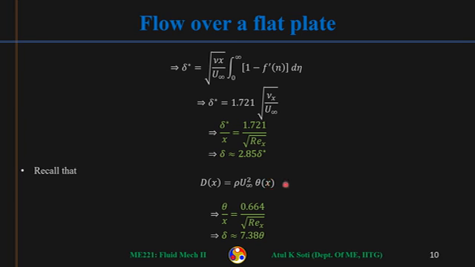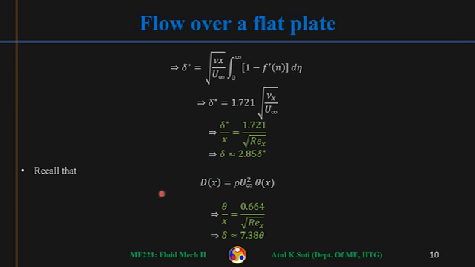This we had seen in the previous lecture. So from here we can find out what is the momentum thickness. How? Because drag already we have calculated. So momentum thickness will be simply D divided by rho u infinity square.